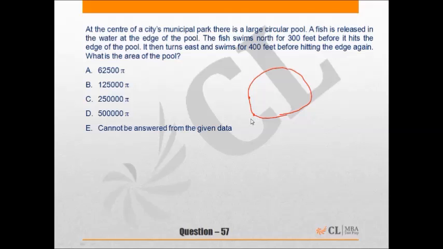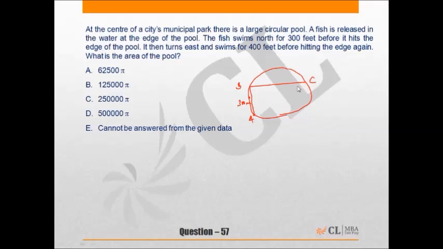If it is released at point A, it hits the edge, let's say at point B, after swimming for 300 feet, and then turns east and swims for 400 feet before hitting the edge again. So the figure would look as it is shown here.